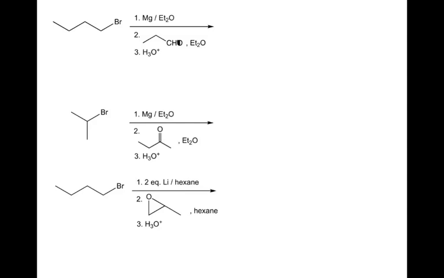So what I like to do is really cross out that O and just write a double bond to our oxygen, so we don't forget that this is in fact an aldehyde. So what we'll do in this example, let's go through the mechanism and then figure out what the product we're going to have is.